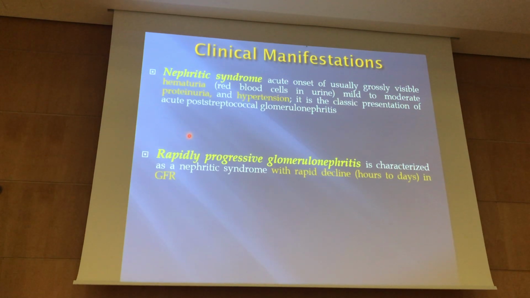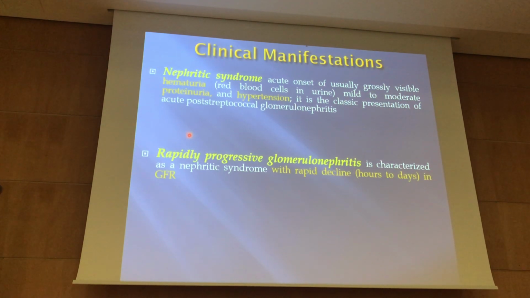Remember, crescents are always formed by parietal, not visceral epithelium. The other proliferation is done by visceral epithelium, endothelium, and mesangium. For example, in post-streptococcal, all three of them proliferate, but not the parietal one. The parietal one only proliferates when the function deteriorates.